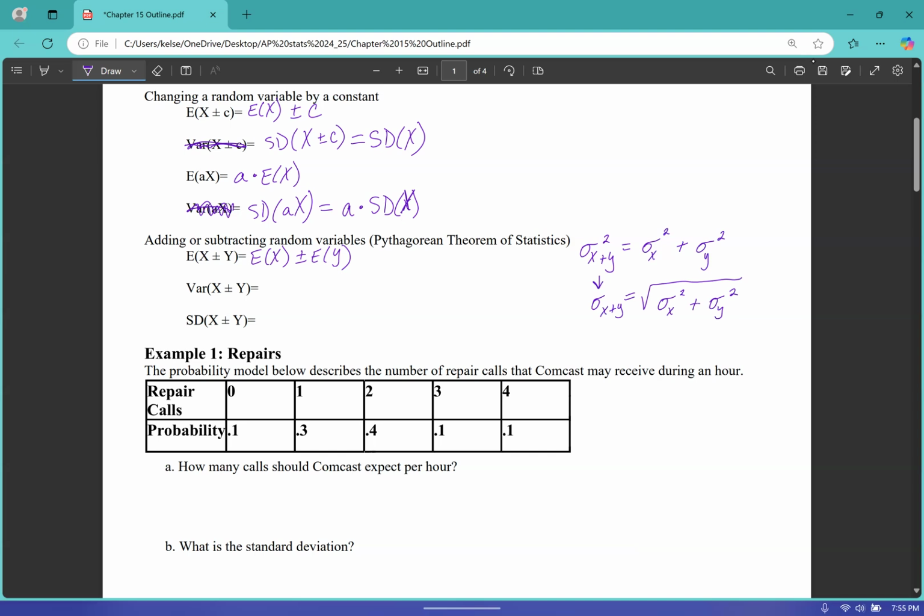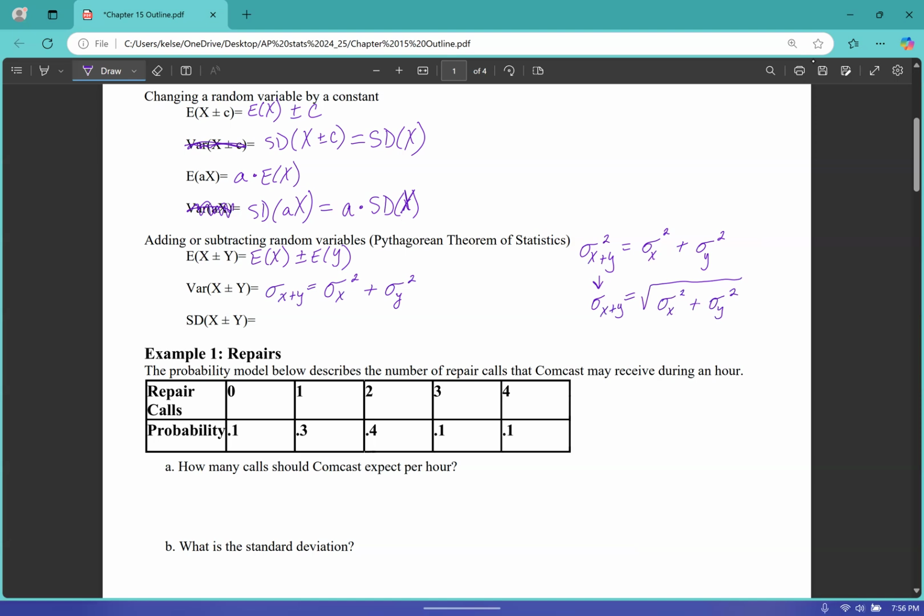So whenever you have two independent variables, the variance of x plus y is just the variance of x and then the variance of y. So remember, variance is standard deviation squared. So sigma squared is your variance.